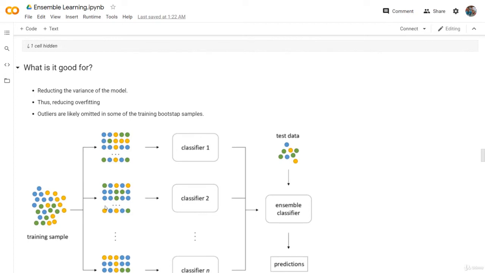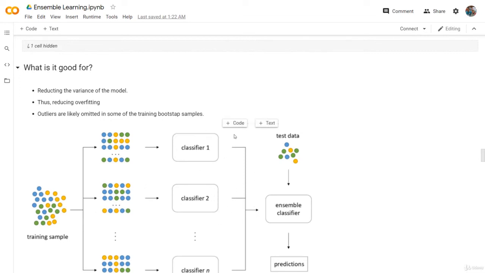It's a random process, and therefore the examples that are left out, or the difference between the unique elements in the original training dataset and the new bootstrapped sample, are left out for testing the first classifier. Then the difference between the original training sample and this bootstrapped sample is the test dataset for the second classifier.